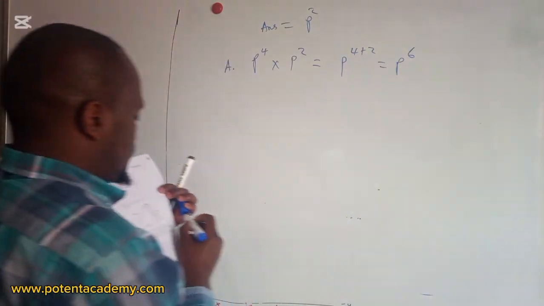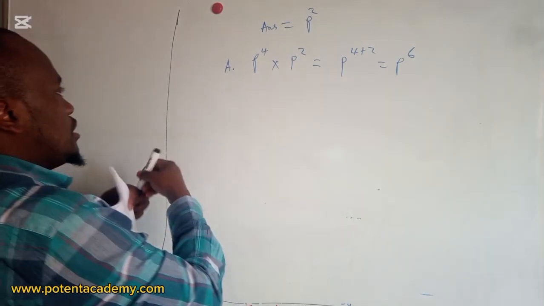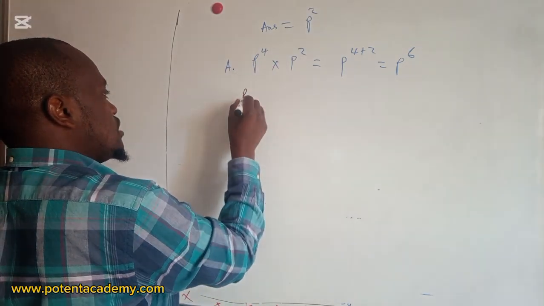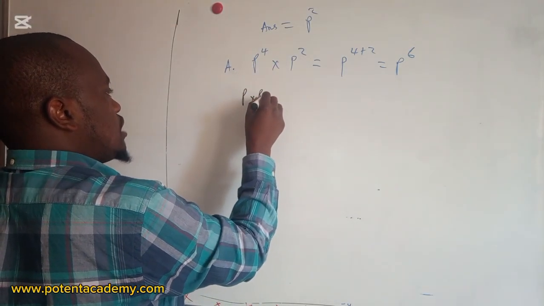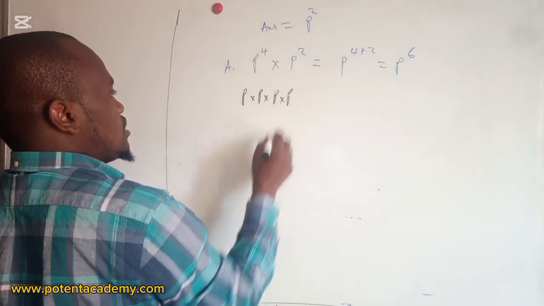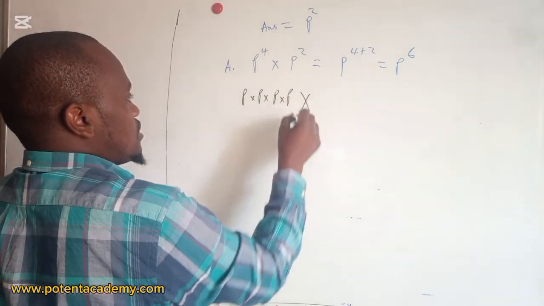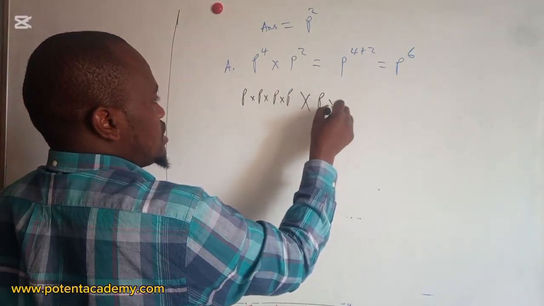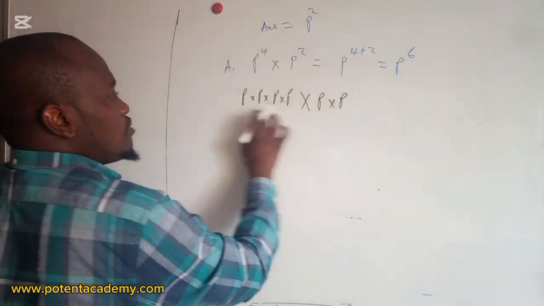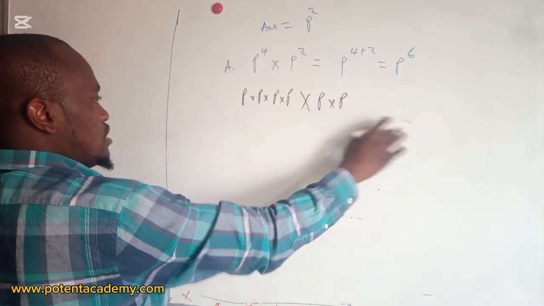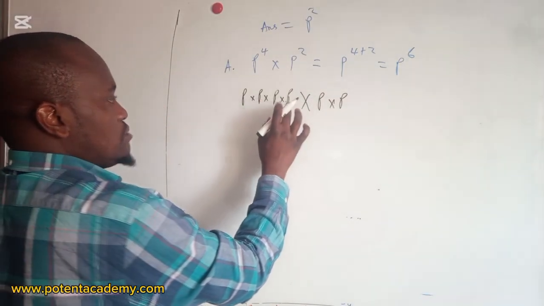Let me demonstrate better. This one, p raised to 4, means p times p times p times p. Then times p squared means p times p. So all of this is p times p times p times p times p times p.